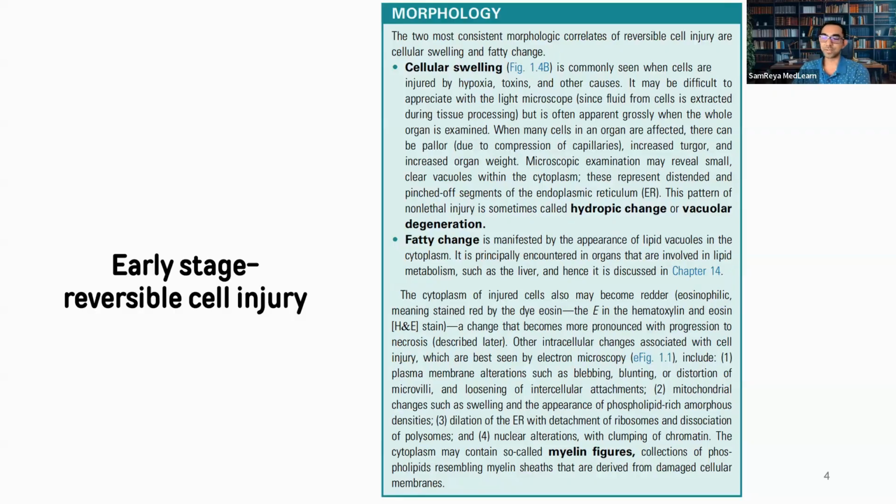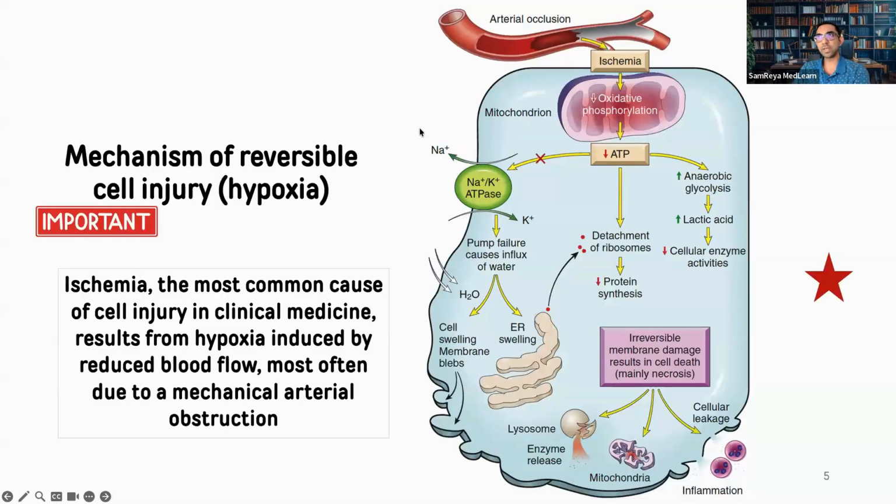So that is called hydropic change or vacuolar degeneration. Overall, the cell is going to be swollen up. The second feature that I told you is fatty change. We'll just learn it for now and look at some more details of how reversible injury happens.